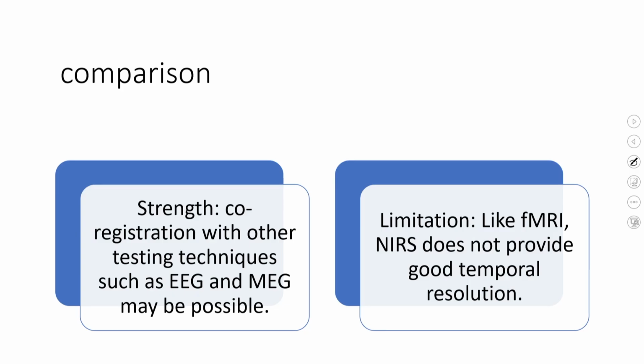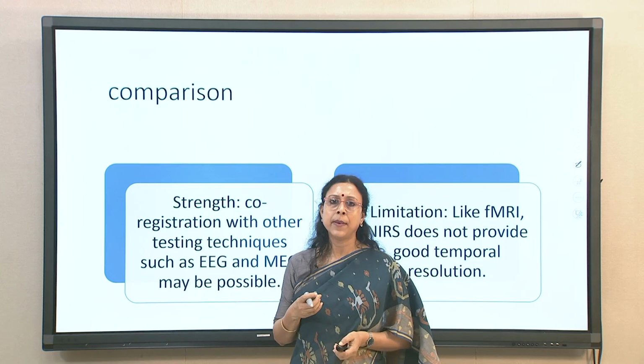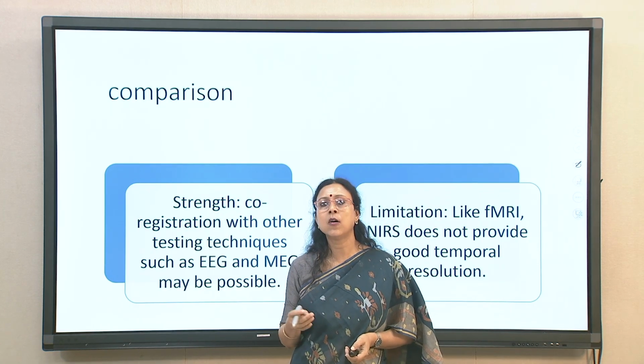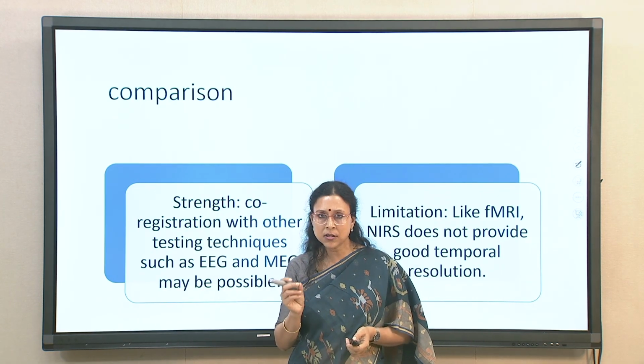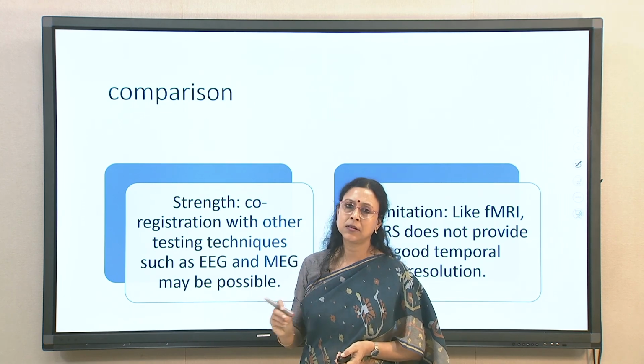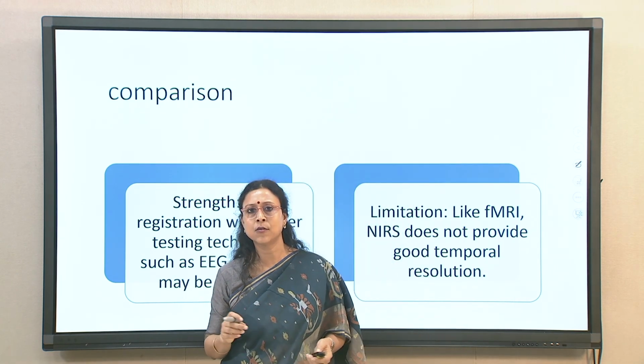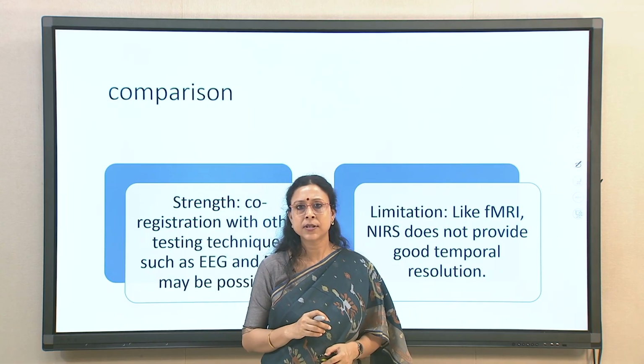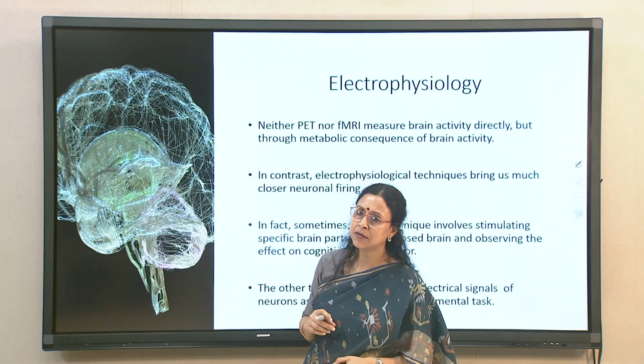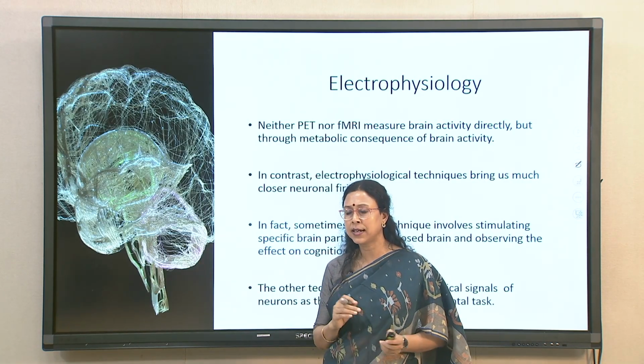But the limitations of NIRS are similar to fMRI, because it does not provide very good temporal resolution, as we have just seen that mental processes will be gone in milliseconds. It is very short lived, but by the time the blood oxygenation happens and we get the signal, it goes over seconds. So, there is a time lag. That is why temporal resolution is not very good. That is one kind of study.